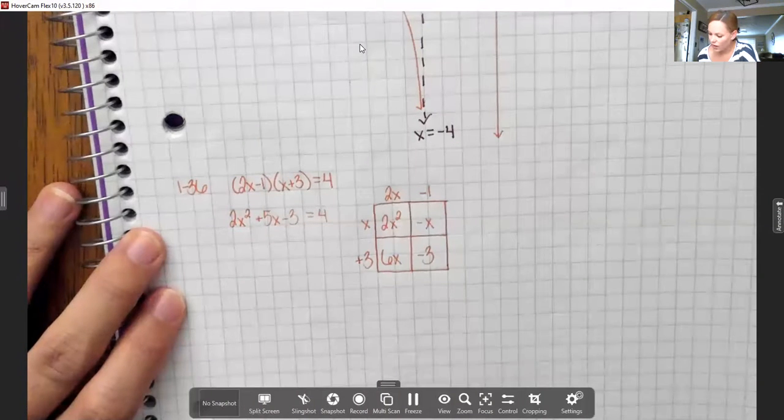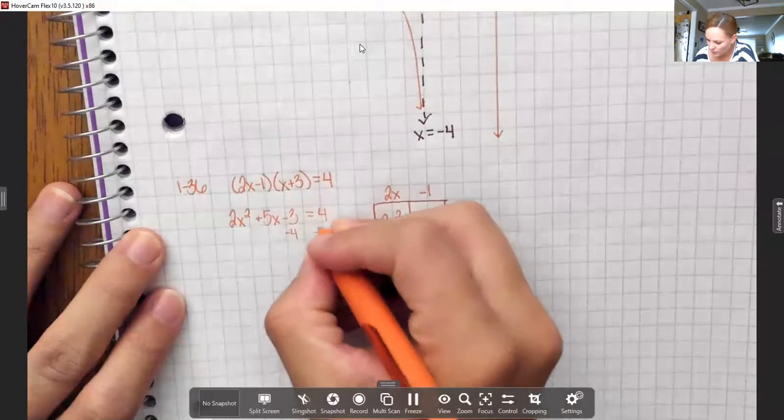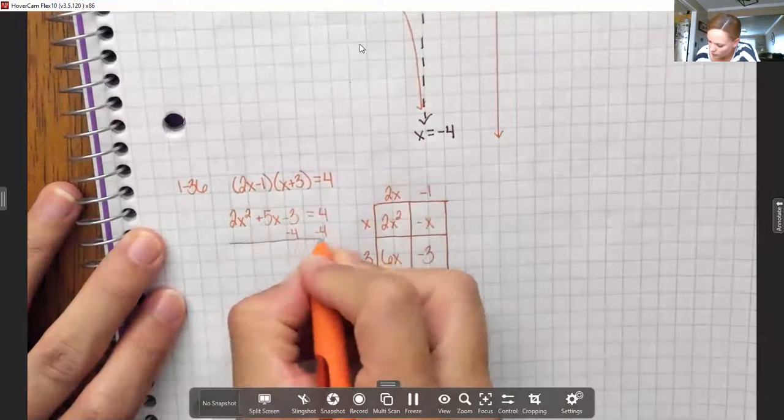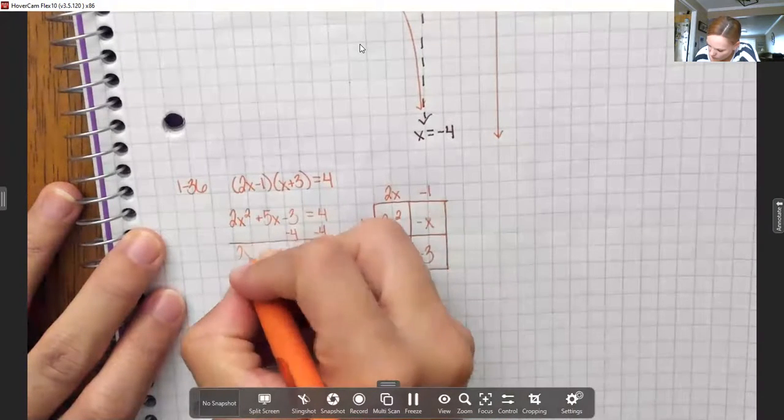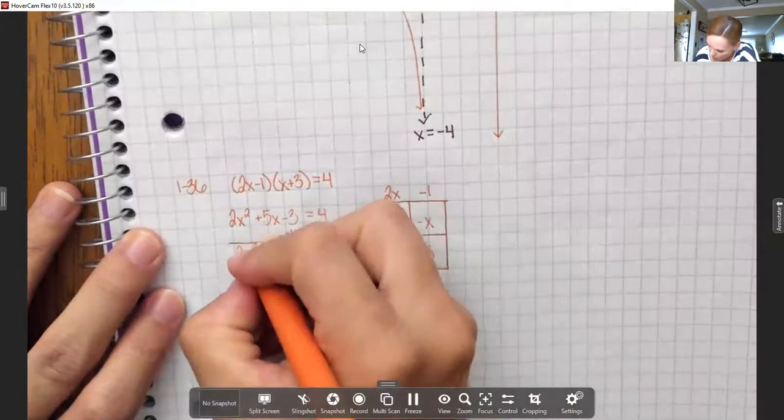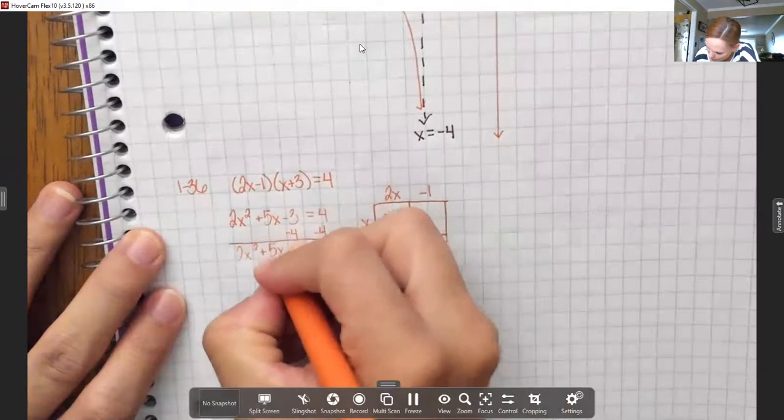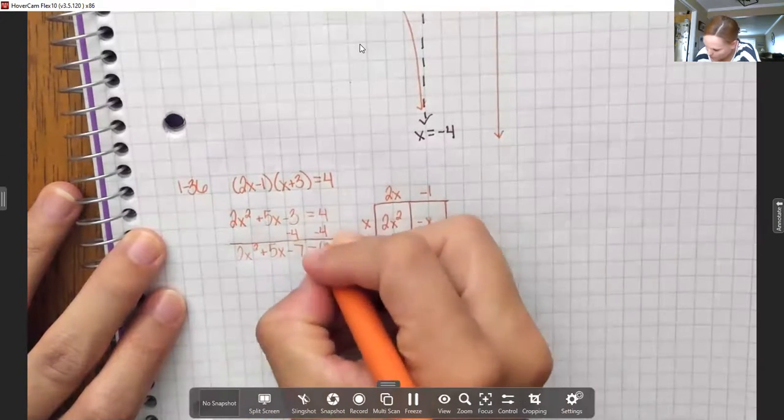So then if I subtract 4 on both sides, and add, we have 2x squared plus 5x minus 7 equals 0.